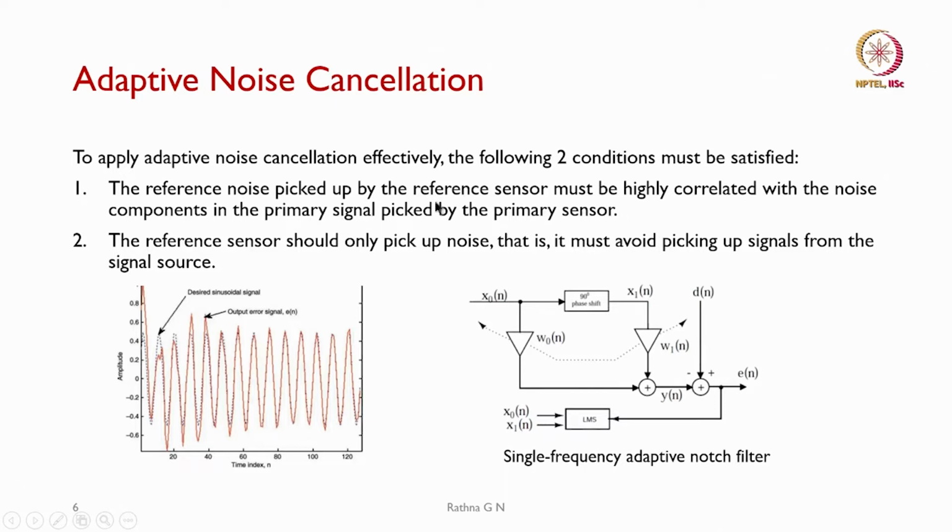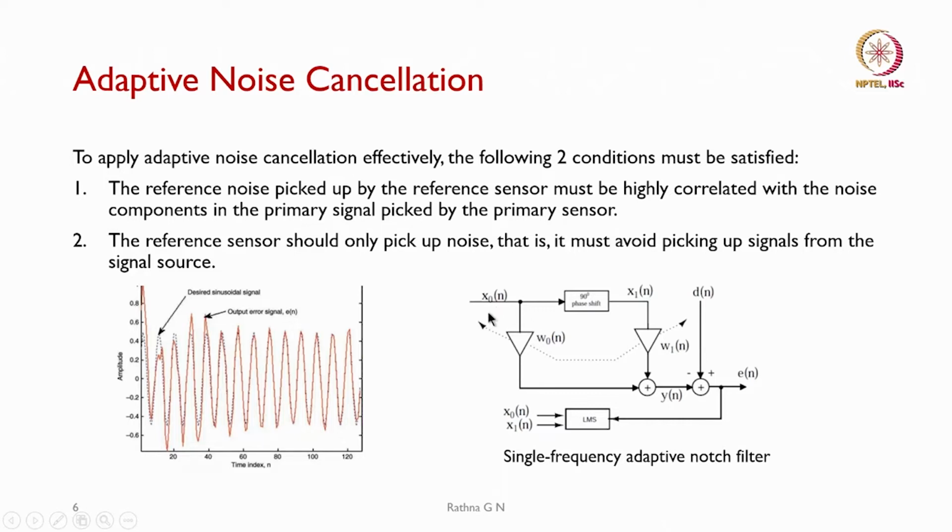Because we know that the primary data is getting corrupted with noise, the noise sensor should pick up this noise and it should be fed. The reference sensor should only pick up noise; that is, it must avoid picking up signals from the signal source. So, you are going to have a contradiction in this case. One has to look at this. So, how is it going to be?